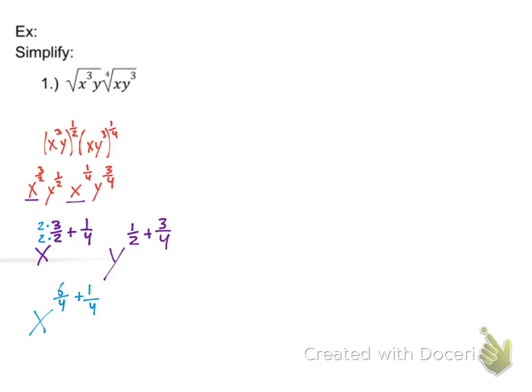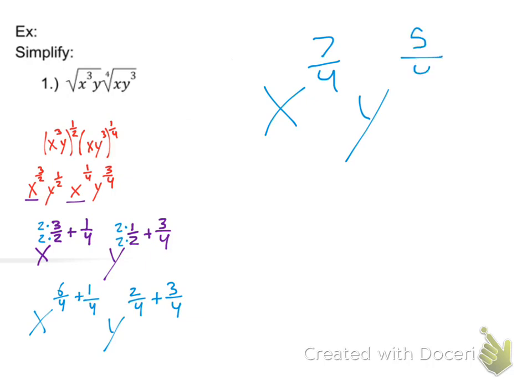And then y is, oh wait, I got to multiply that 2 by 2 as well, and the top by 2. So that becomes y to the 2/4 plus 3/4. So moving over here, x to the 6 plus 1, 7/4, y to the 5/4. Done.